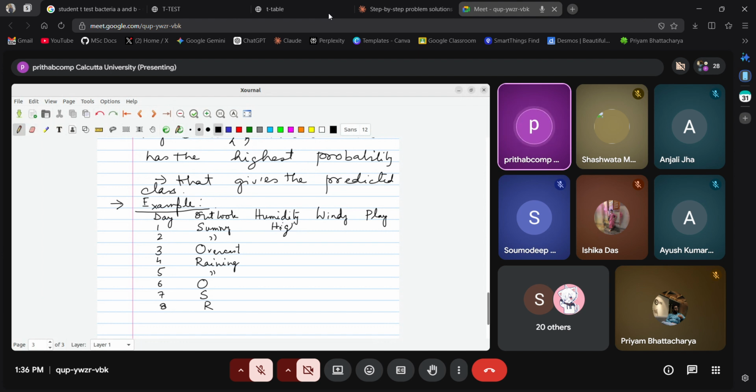This is high, this is normal, this is again high, then normal, normal, low, high, and low. Windy is just a true or false kind of thing. So let's say false, false, false, false, true, true, true, true.